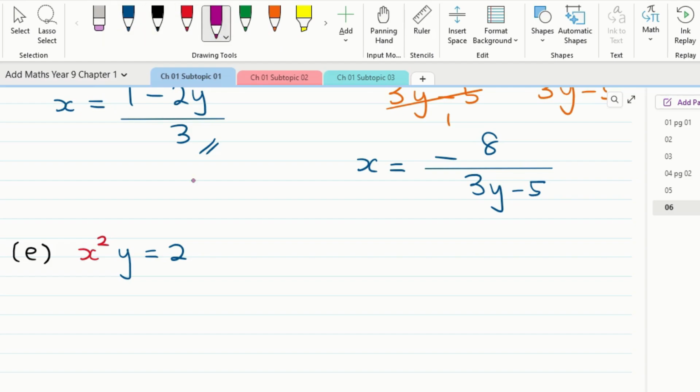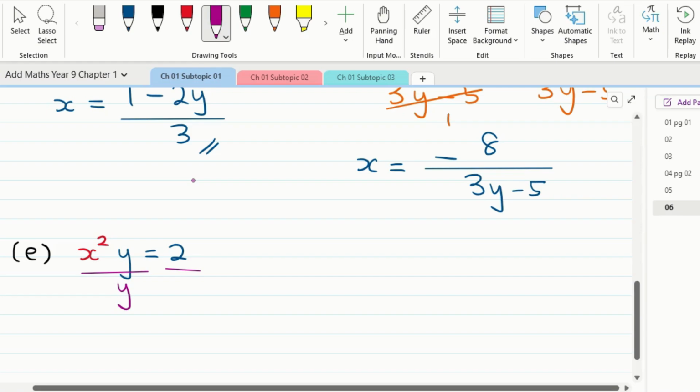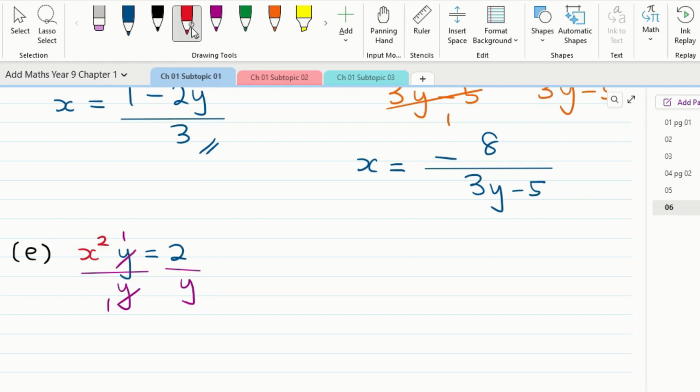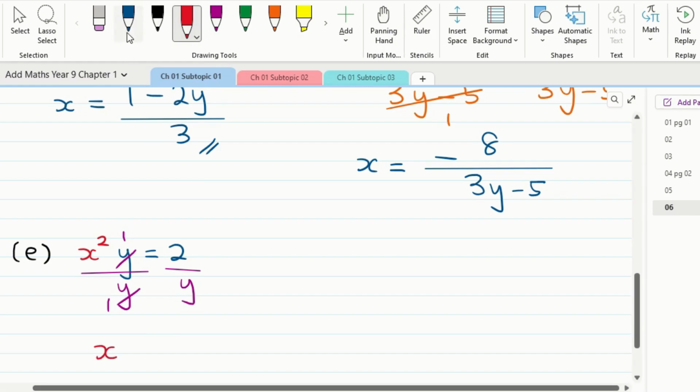So you are going to divide both sides of the equation by y. So here y is divided and you are left with x squared. And the right hand side is going to be 2 over y.